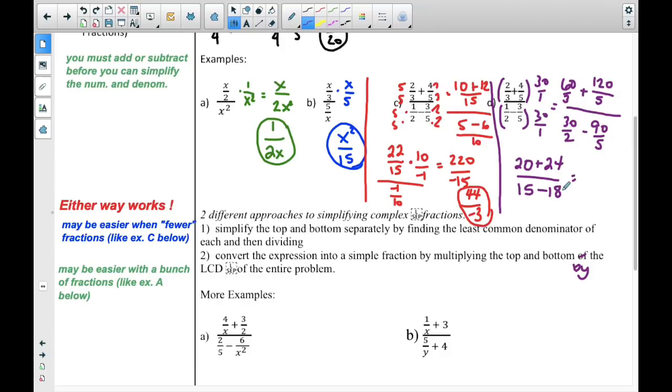And so when I just do my simple math now, I just add those together, and I get 44 over negative 3. And you can see that is the same exact answer I got a second ago. And so those are just two different methods to solve this kind of complex fraction.